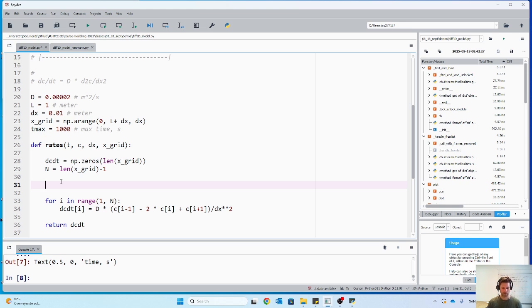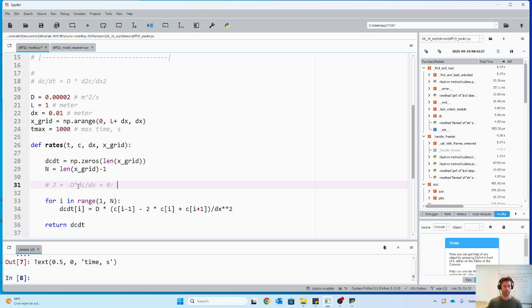Okay, so we know that the flux from Fick's law is J, which is equal to negative of the diffusion coefficient times the gradient. And we have now set up the problem such that this is equal to 0 at the boundary. So we can say it's 0.